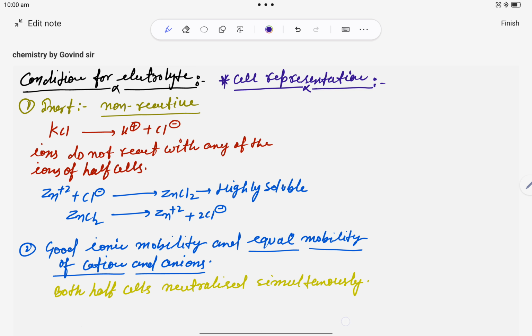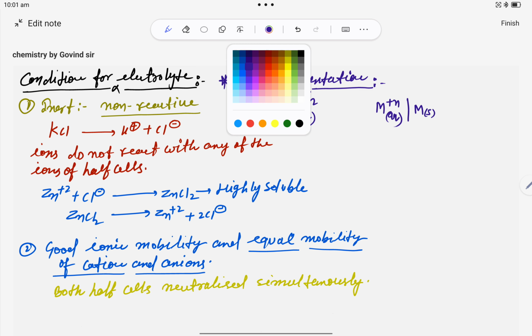Suppose you have to represent like this: M, metal, solid state, the left half cell we are talking about, then M+n, aqueous state, and in the second, metal, copper.